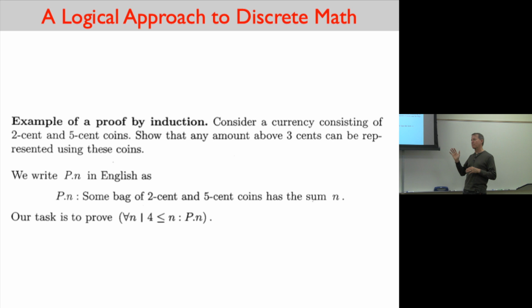So the purpose of this is to use mathematical induction to solve this problem. The next paragraph on the slide says, we write P(n) in English as: some bag of 2-cent and 5-cent coins has the sum n. Our task is to prove that for all n greater than or equal to 4, P(n).